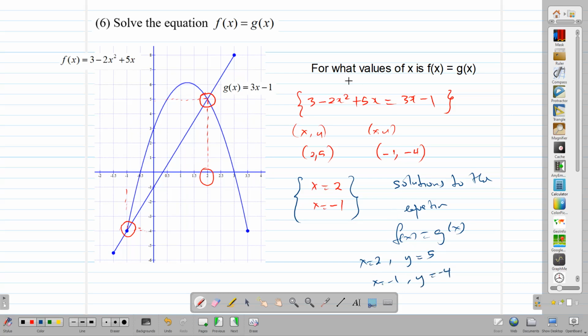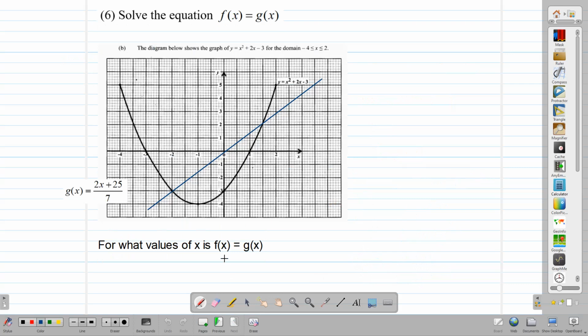But like I said, this question said what are the x values, so you write down your x values. This is the solution. However, if the question had just said what are the solutions instead of specifying x values, then you need to write all four of these answers, 2 x answers and 2 y answers.